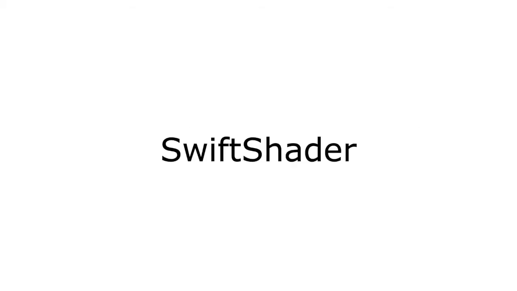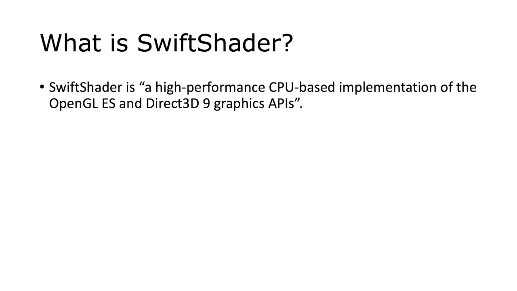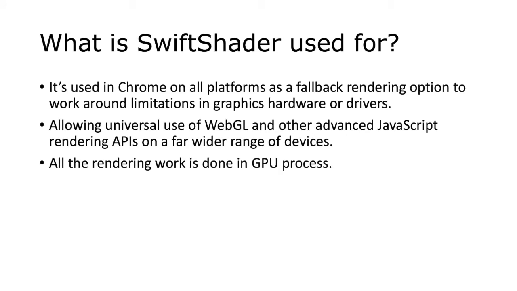Let's talk about SwiftShader. SwiftShader is a high-performance CPU-based implementation of the OpenGL, OpenGL ES, and Direct3D native graphics APIs. SwiftShader is used in Chrome on all platforms as a fallback rendering option to work around limitations in graphics hardware or drivers, allowing universal use of WebGL and other advanced JavaScript rendering APIs on a far wider range of devices.